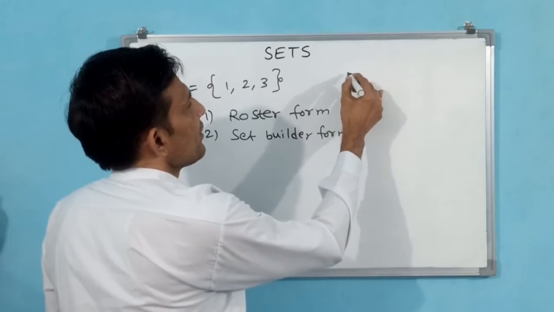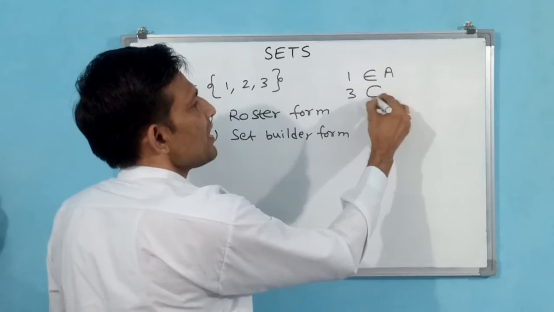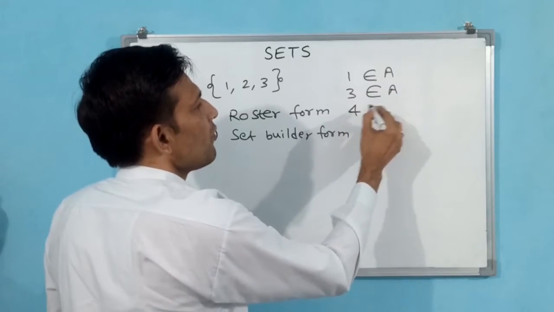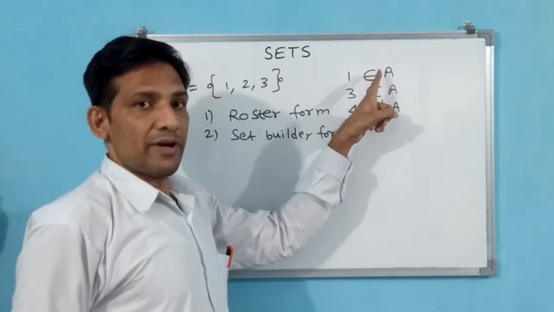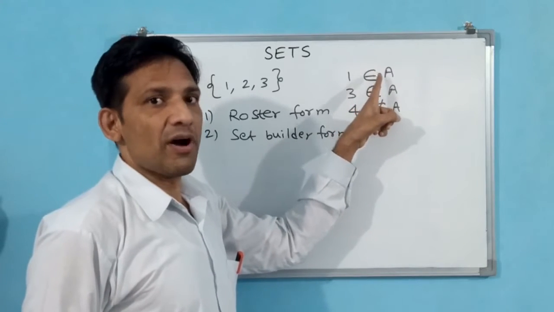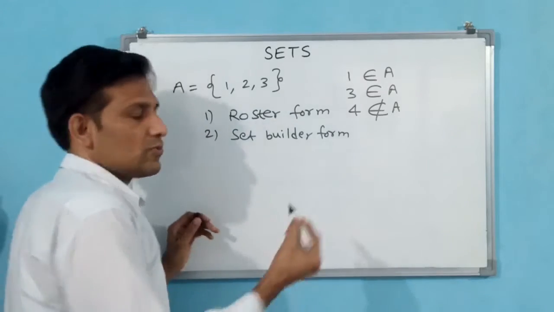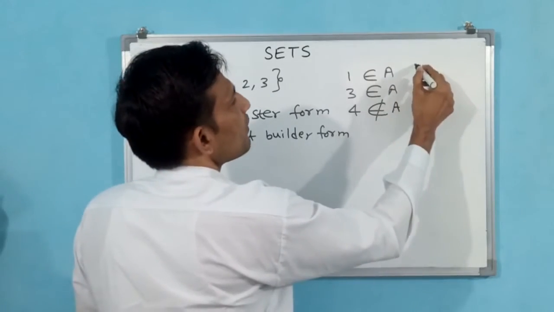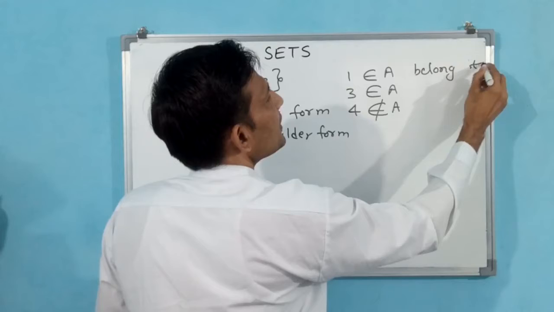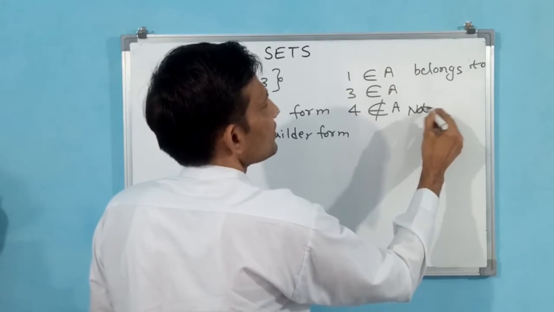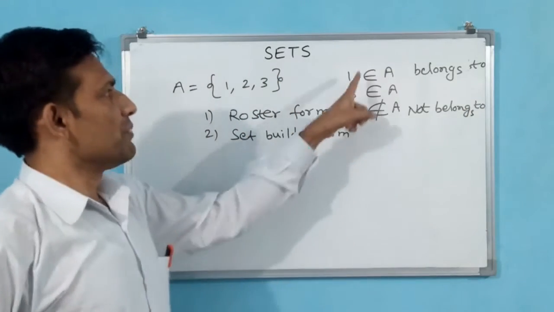That means 1 belongs to A, 3 belongs to A, 4 does not belong to A. This symbol is the Greek alphabet epsilon, and you have to read it as belongs to. Belongs to, not belongs to.